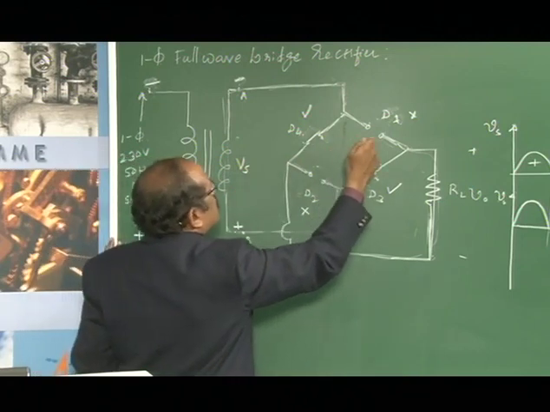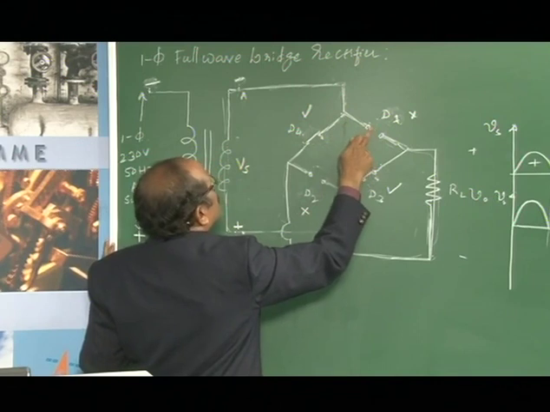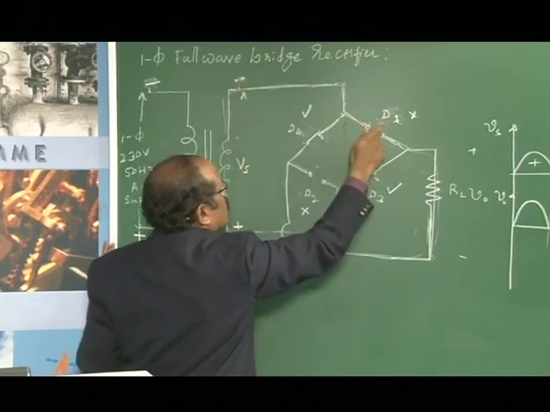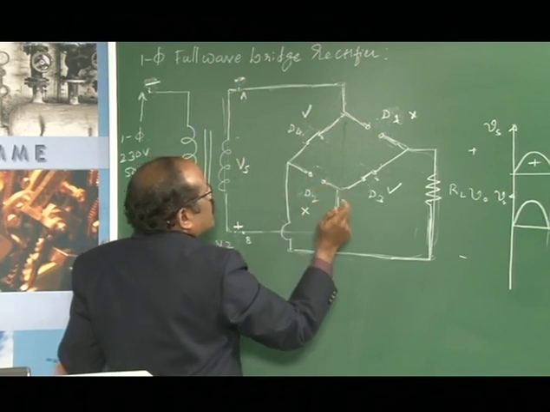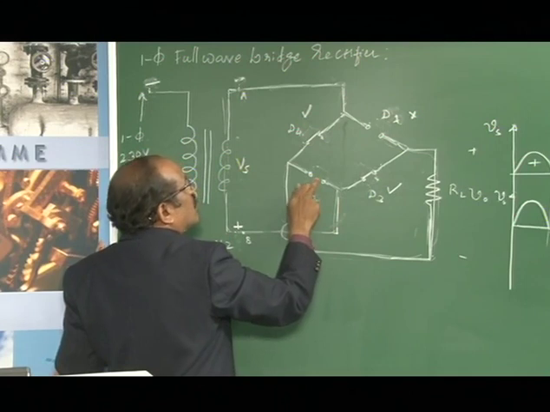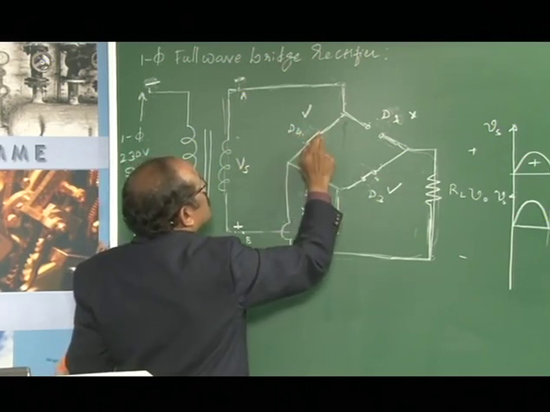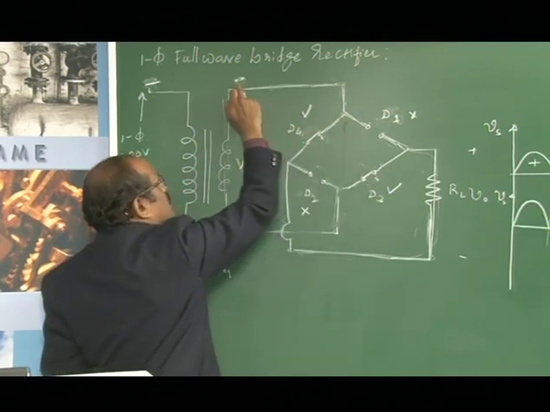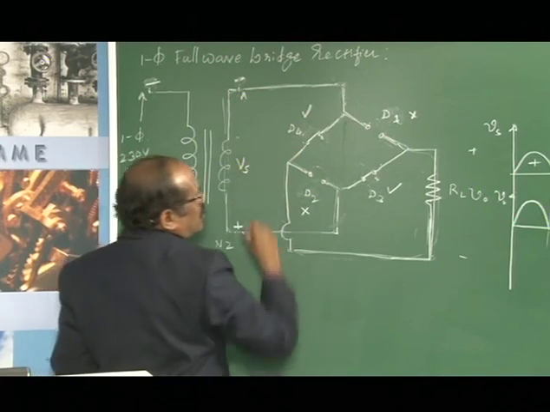Accordingly, the anode of D1 will be at negative potential, therefore it is reverse biased. Similarly, the cathode of D2 will be at positive potential, so it is reverse biased, whereas the cathode of diode D4 will be at negative potential with reference to its anode, therefore D4 conducts.